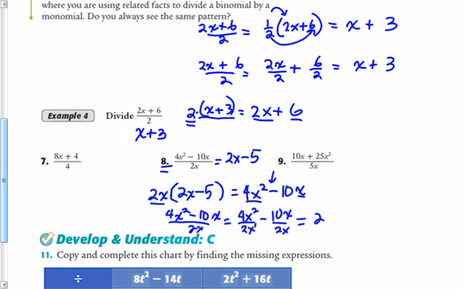Remember, you subtract when you're dividing. So subtract the powers. 2 minus 1 is 1. x to the first. And whenever it's x to the first, we don't bother putting that power there. And then here we have 10 divided by 2, which is 5. And x divided by x is just 1. So 5 times 1 is just 5.